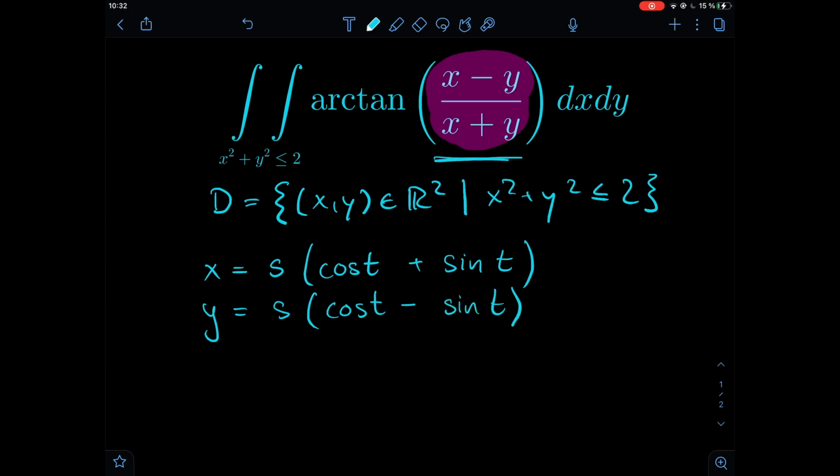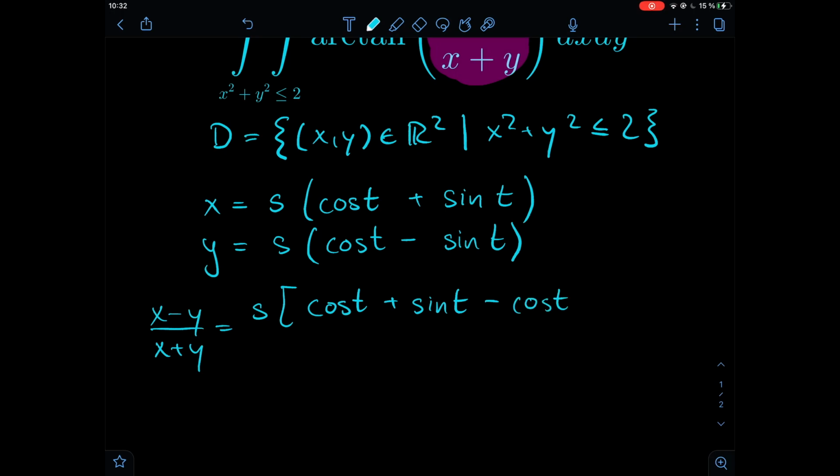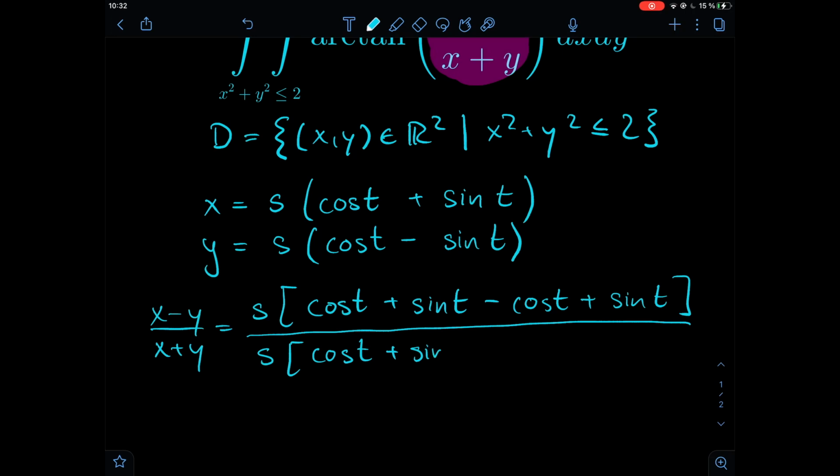And if we plug that into the argument of the arctan, then x minus y divided by x plus y is s times (cosine of t plus sine of t) minus (cosine of t minus sine of t), and the whole thing divided by s times (cosine of t plus sine of t) plus (cosine of t minus sine of t).